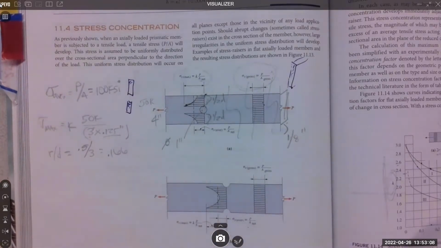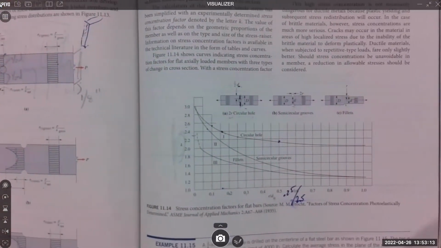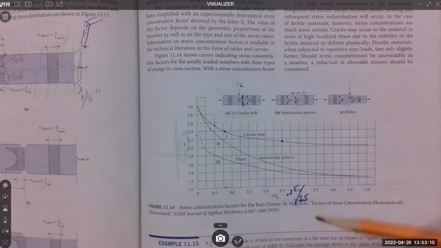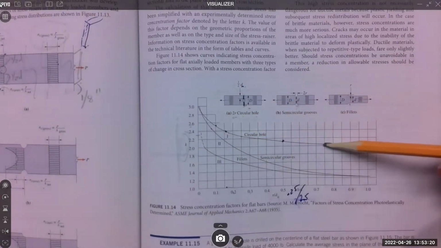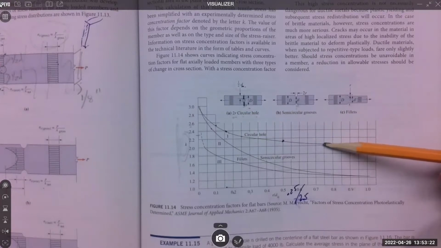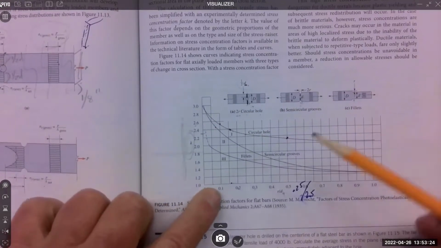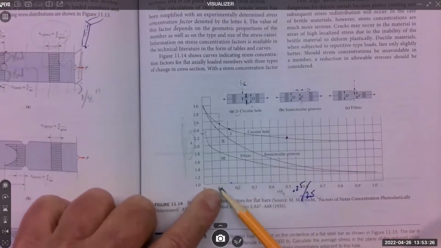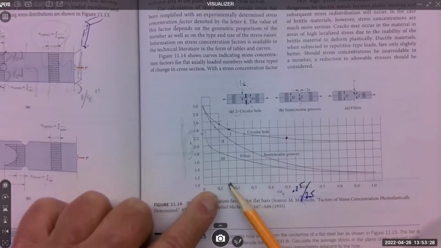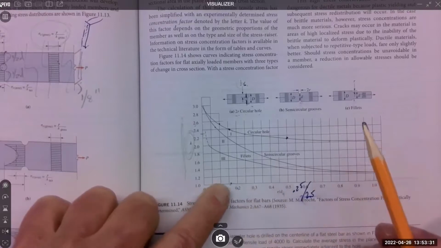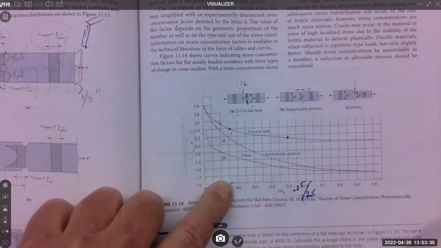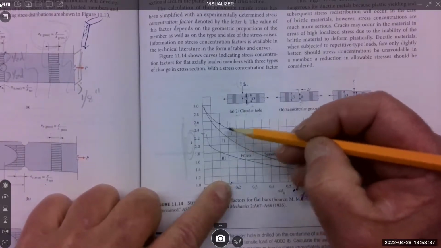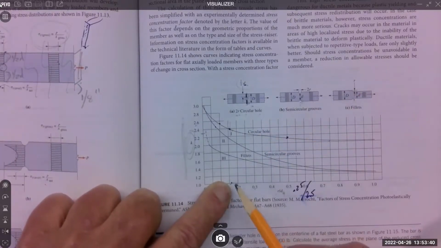All right, so now I go to the graph. I got to find my graph, circular hole, that's this top one. And I got to find 0.166. So here's 0.1, here's 0.15, right? And again, it's a graph. You're only going to get so close, and we're all going to get slightly different numbers.